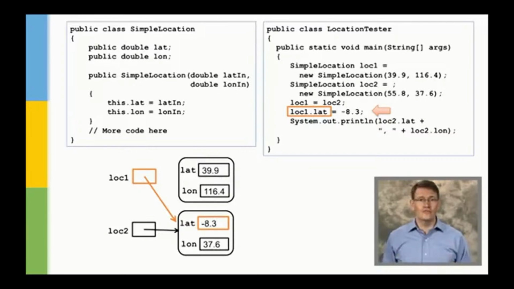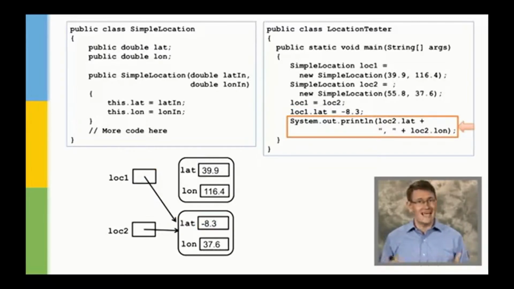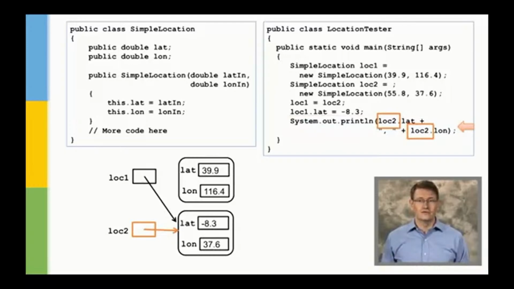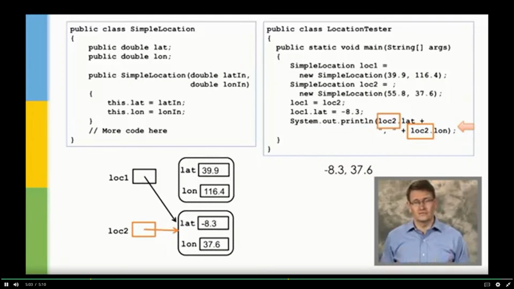Then we're going to print using the loc2 reference, but loc2 and loc1 are pointing to the exact same thing on the heap. So when loc2 prints out its lat and long, it's going to print out minus 8.3 and 37.6. Again, drawing these memory models helps you understand how to work through these problems.